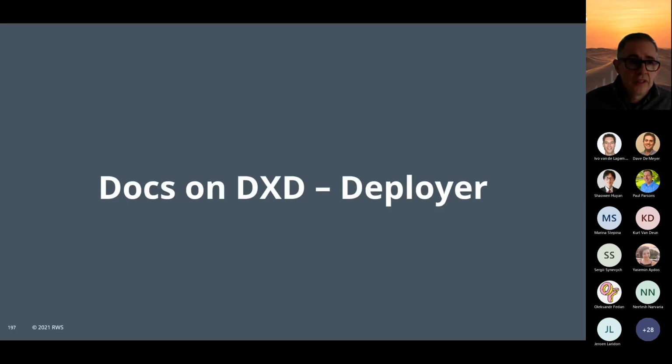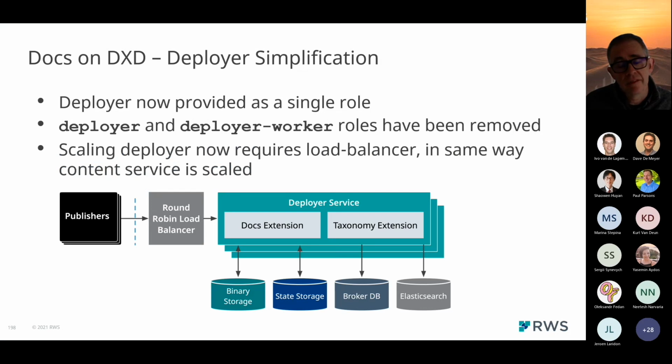And then the final slide I had was around some changes we've made recently to our deployer. For existing customers that are in the cloud, this has no effect on how you work because this is all handled for you. But for on-premise customers, we used to provide two kinds of roles for the deployer.